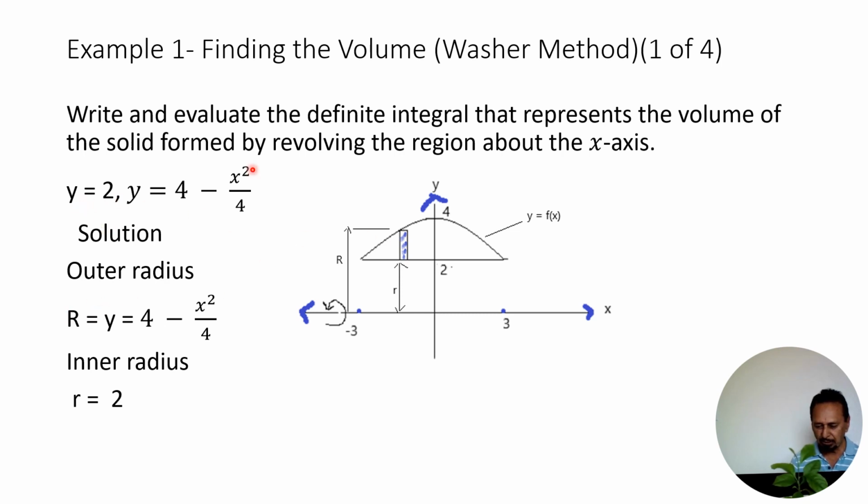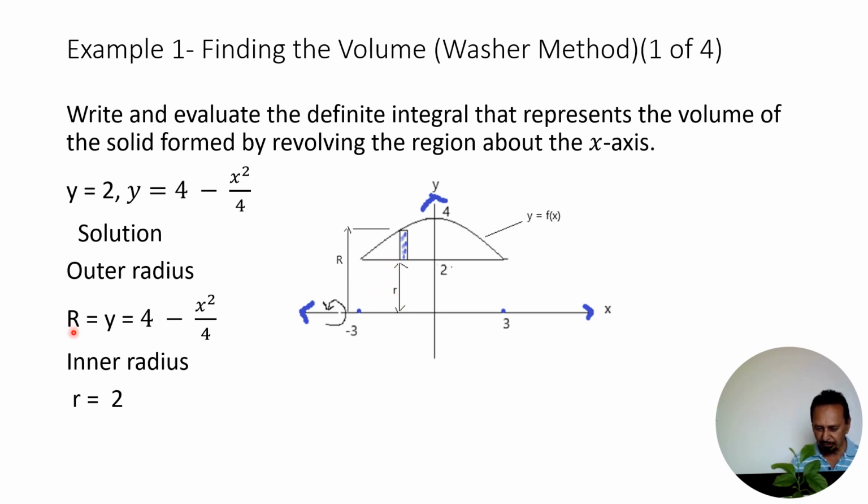Okay, so you graph y equals 2 and y equals 4 minus x squared over 4, and they intersect at this point and this point. So the outer radius would be, you draw the rectangle here, and this is the outer radius, and that's the inner radius.